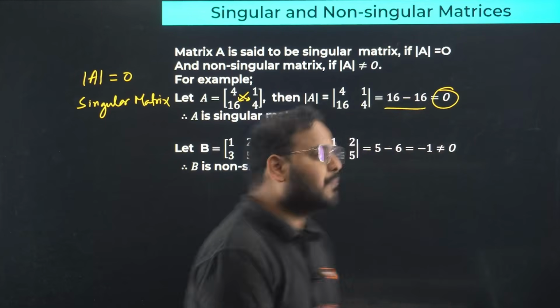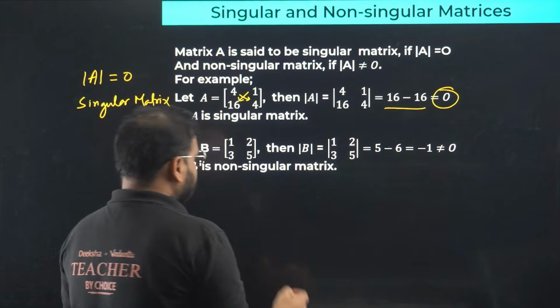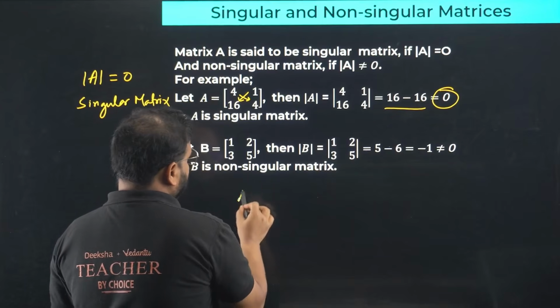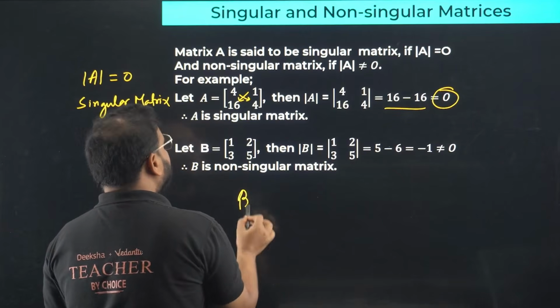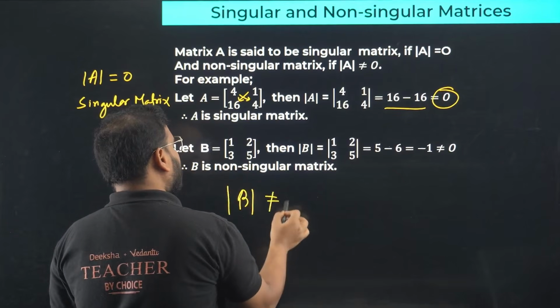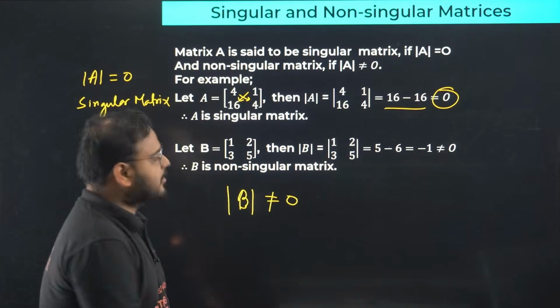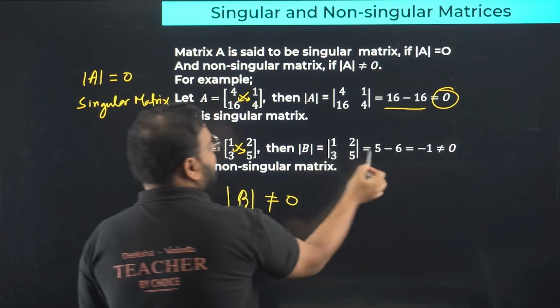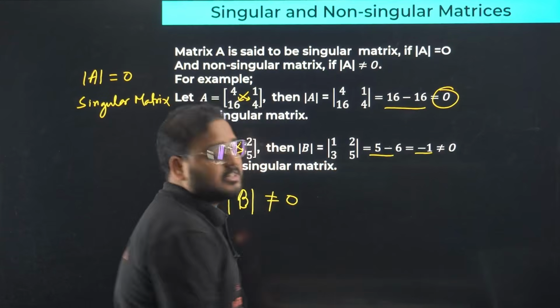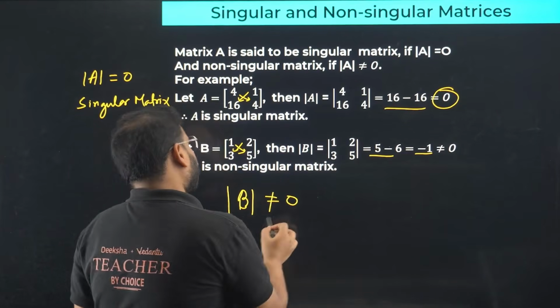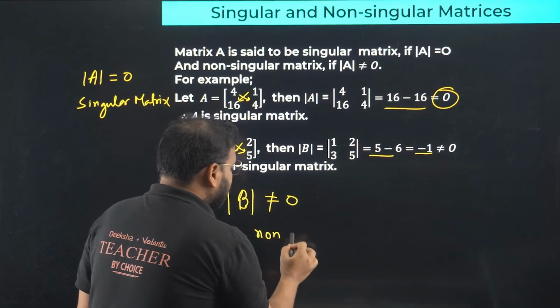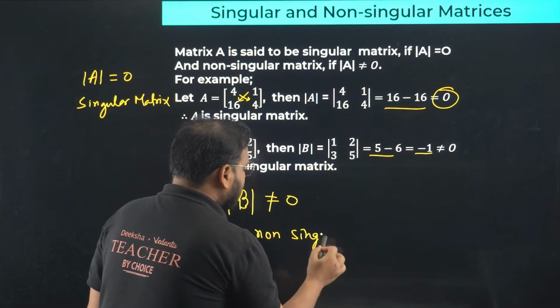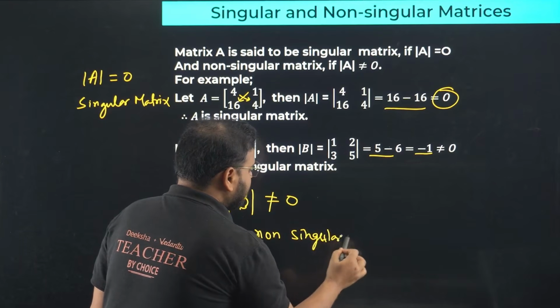But if you get the determinant of a matrix, let's say over here we have B, which is not equal to 0. For example, check this out. 5 into 1 is 5, 3 into 2 is 6. So I get 5 minus 6. How much is that? Minus 1. Is it equal to 0? Of course not. This is called a non-singular matrix.